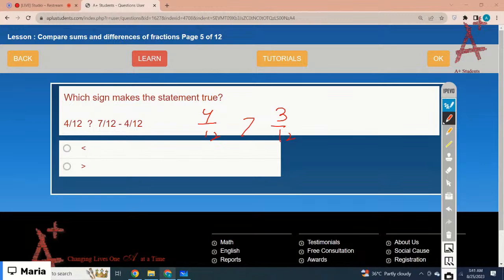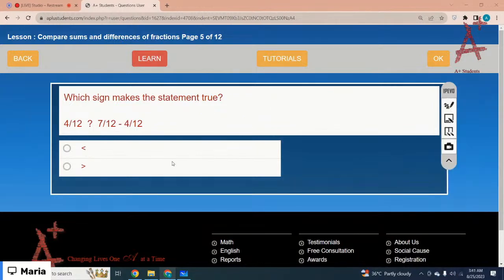So 4 by 12 is greater than 3 by 12, right? So the correct option is greater.